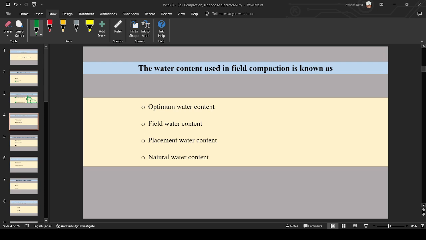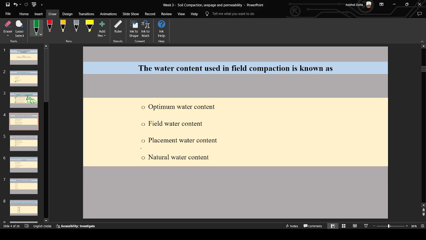Okay. The water content used in field compaction is known as placement water content. It's just a terminology used for the moisture content used in field compaction. When we are compacting in the field, we use placement water content.